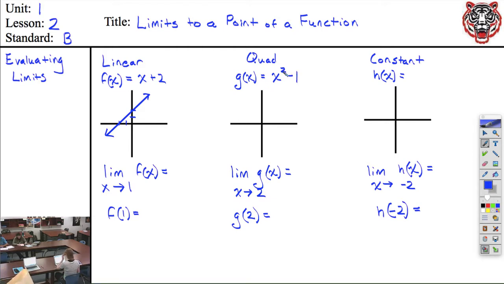Graph x squared minus 1, and you really only need to go out to negative 2, negative 1, 1, and 2. I don't need you to go crazy.